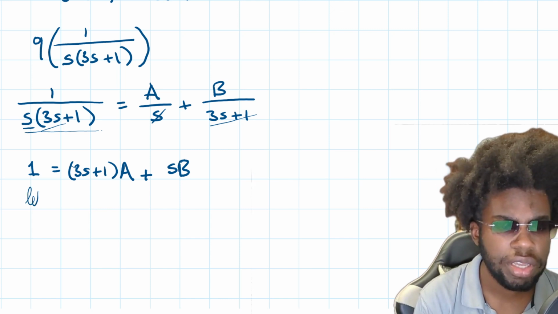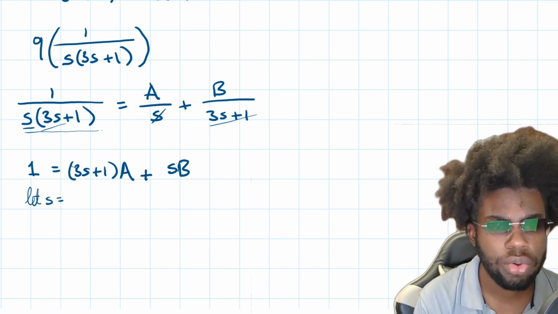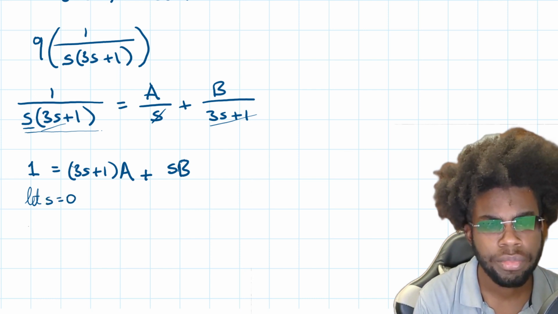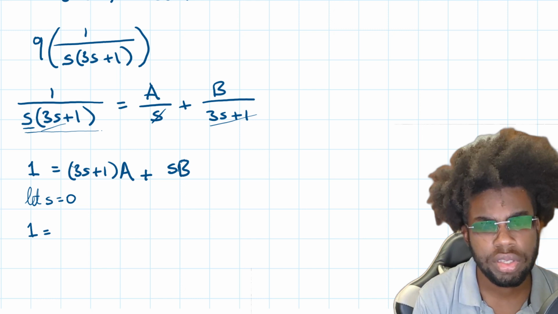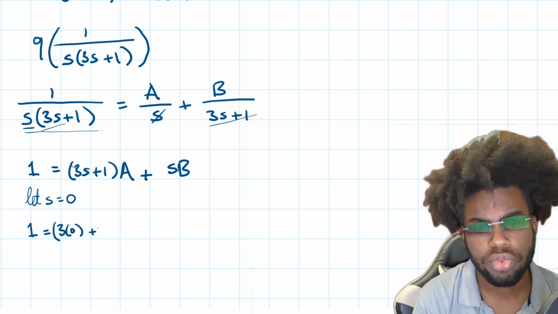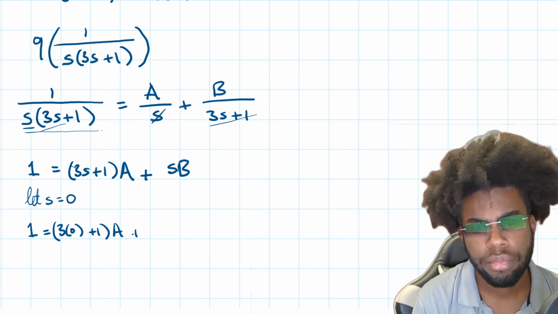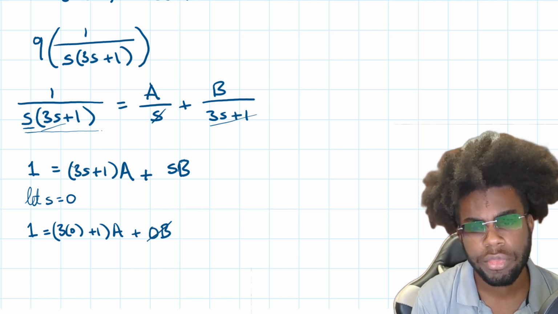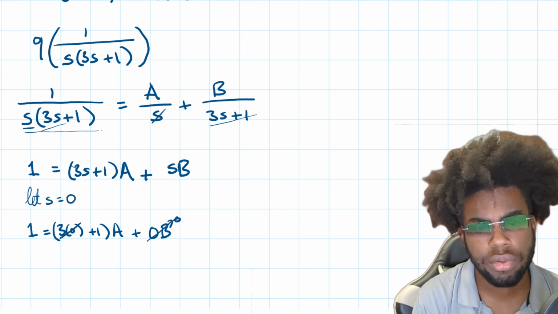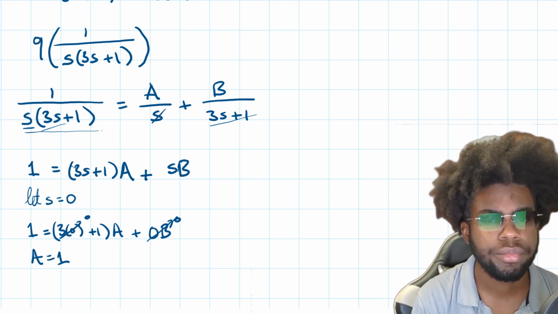We'll say let s equal 0 for argument's sake. That will give us 1 is equal to (3 times 0 plus 1)a plus 0b. This, of course, goes immediately to 0, as does that, which gives us that a is equal to 1.